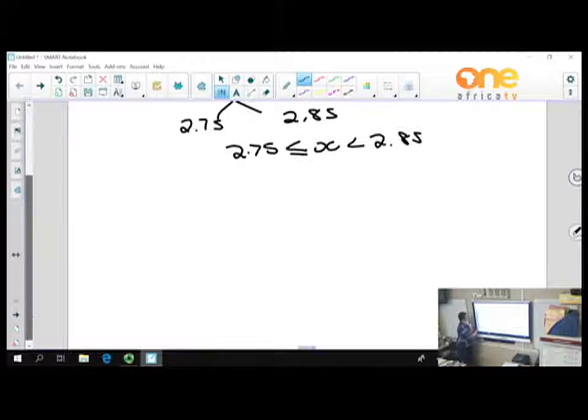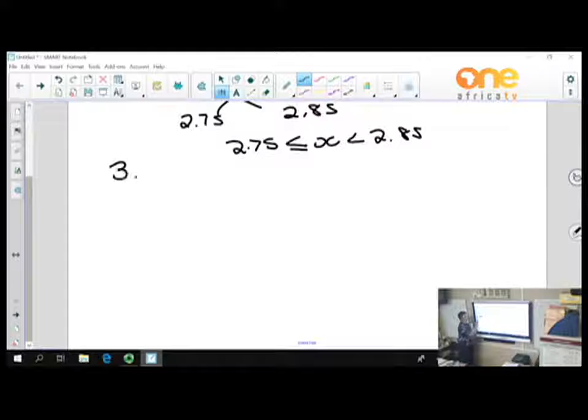The next first one now to mark is number 3. So if we mark now number 3, it's a mixed exercise. Now everyone is different, and this is what you should look at now. Each of the following numbers is correct to 2 significant figures. Give the upper and lower bounds and the limit. So the first one is now 7.8, and you should look very carefully at what we're doing today.